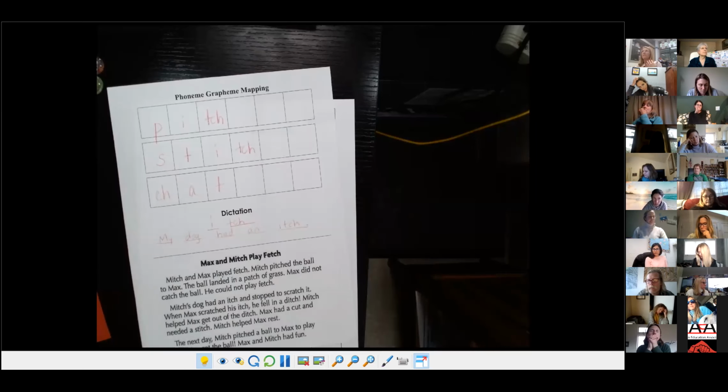I call them generalizations because there are always exceptions to the rules. A word like much is an exception, right? That should be a TCH. So there are always those oddballs. I know that Words Their Way calls them oddballs, but it would be part of your teaching and you would have addressed that.